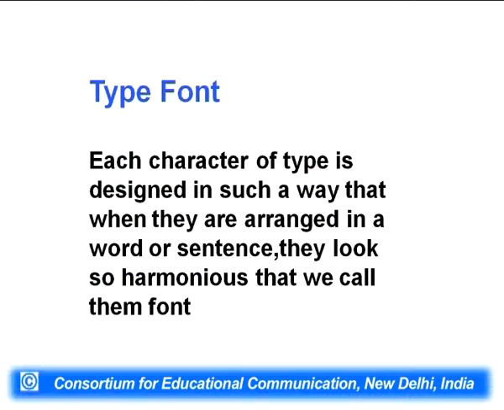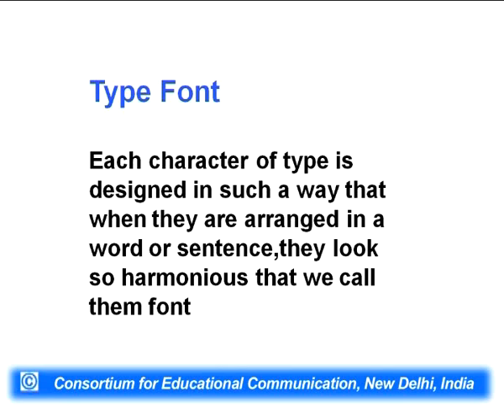The type font: how do you describe the font? Each character of type is designed in such a way that when they are arranged in a word or sentence, they look so harmonious that we call them a font. See this slide. In this slide we have used a particular font, where all these letter characters are so harmonious that we cannot separate a letter from the other letters.